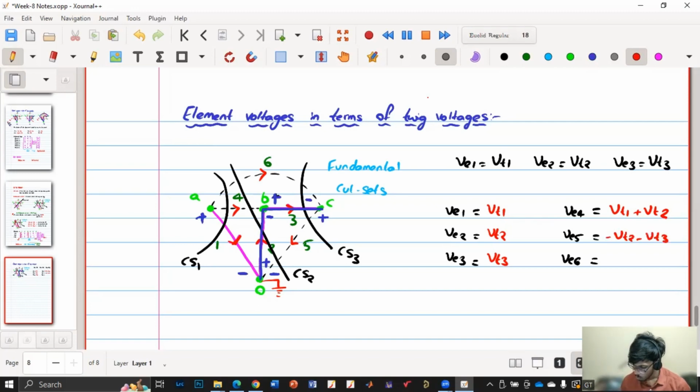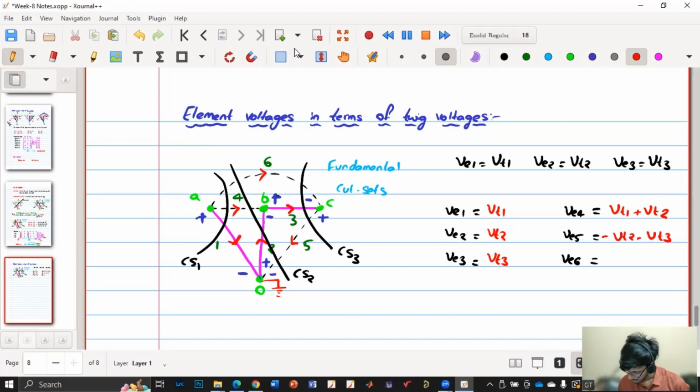Because we are going from O to C, and the potential is positive at C. So the expression is minus VT2 minus VT3.